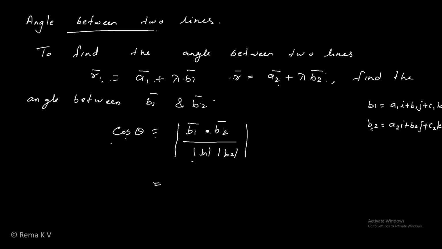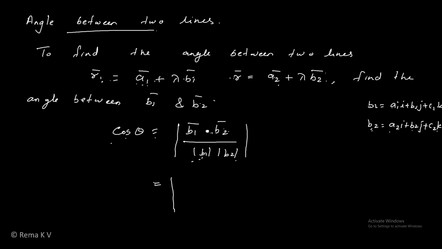Parallel vectors, the scalar components are taken as a, b and c. So here we are writing it as a1, b1, c1, a2, b2, c2. When we are considering the vectors a1 and a2, this is x1i plus y1j plus z1k and this is x2i plus y2j plus z2k. Those are the notations used. Now this is modulus of b1 dot b2 by modulus of b1 into modulus of b2. How can you find the scalar product here when it is given in component form?